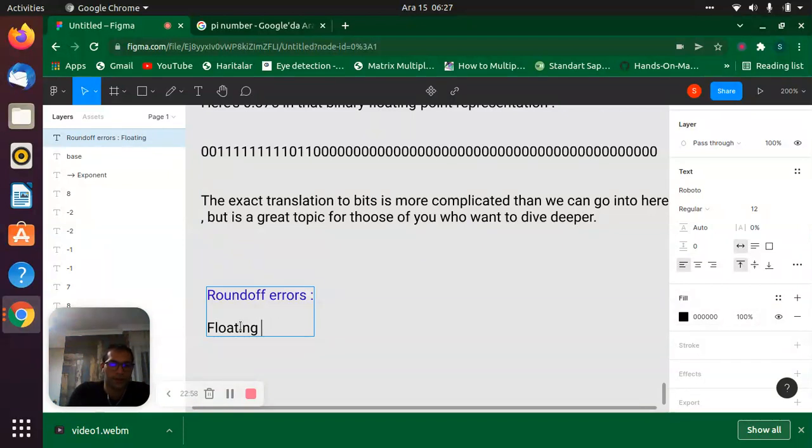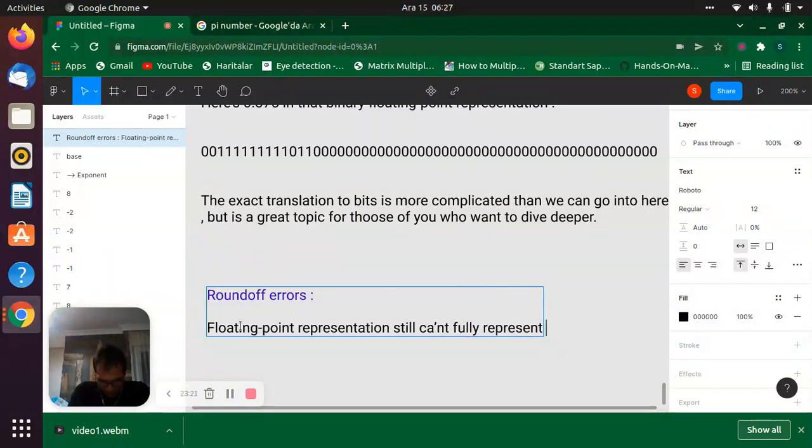Floating point representation still can't fully represent all numbers.